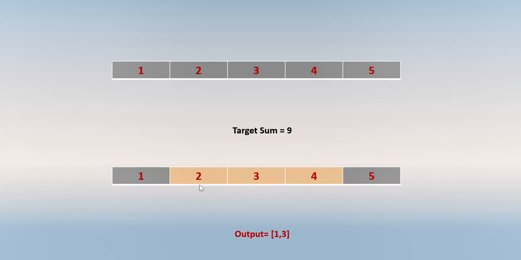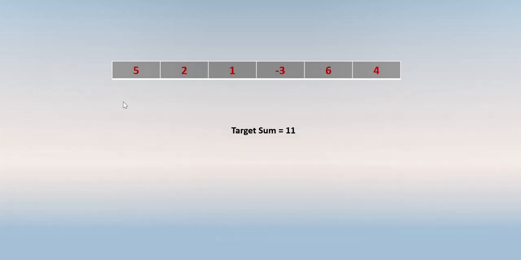So 1 is nothing but the index of the first element, and 3 is nothing but the index of the last element of this subarray. Okay. Similarly, if we go to the second example, you can see here we have 6 elements and target sum equals 11. That means we have to choose a set of elements which are continuous and whose sum of values equals 11.